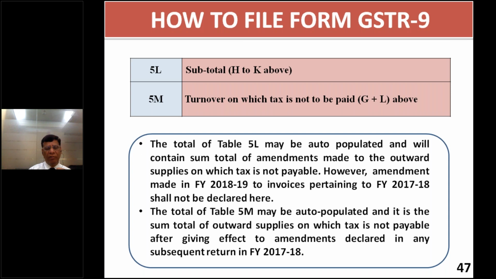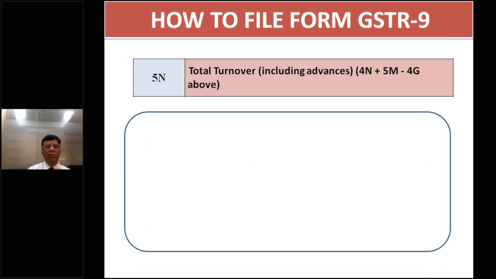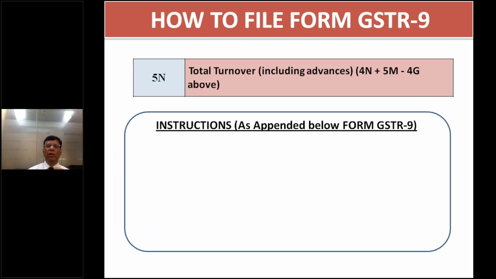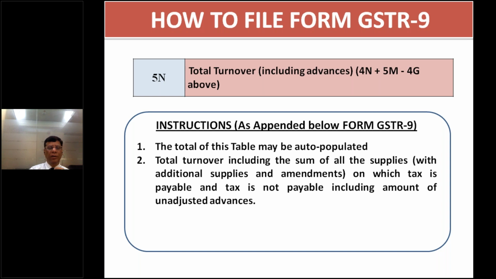The total of table 5M may be auto-populated, and it is the sum total of outward supplies on which tax is not payable after giving effect to amendments declared in any subsequent return in 17-18. Now 5N contains total turnover including advances: 4N plus 5N minus 4G above. The total of this table may be auto-populated.